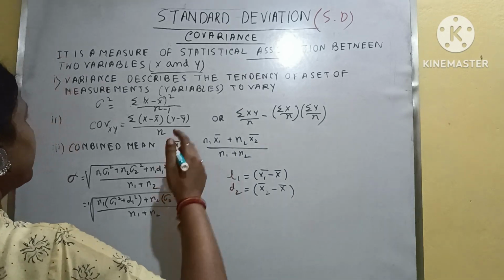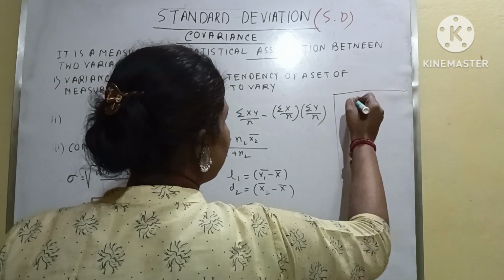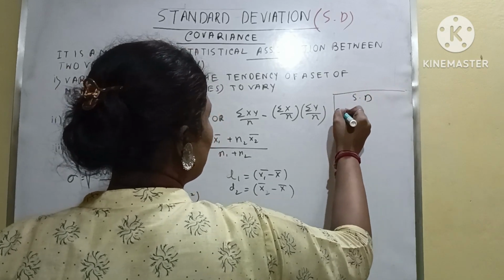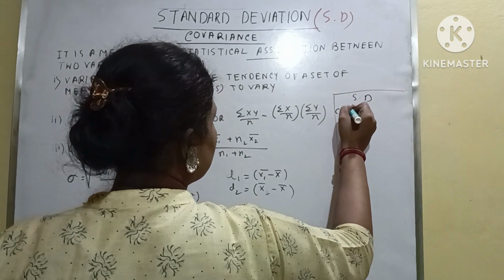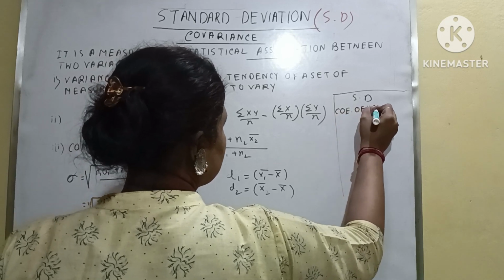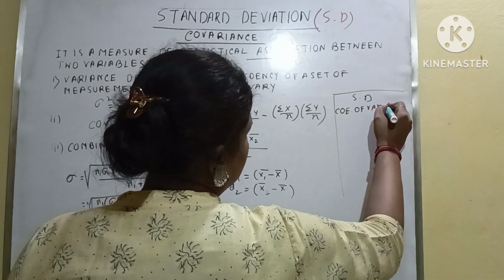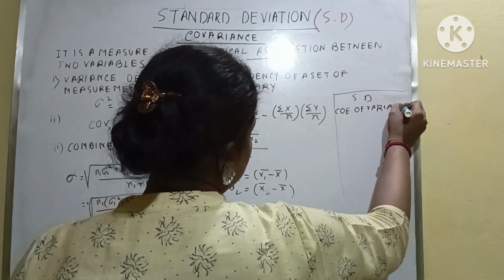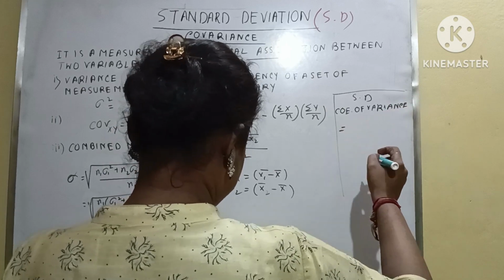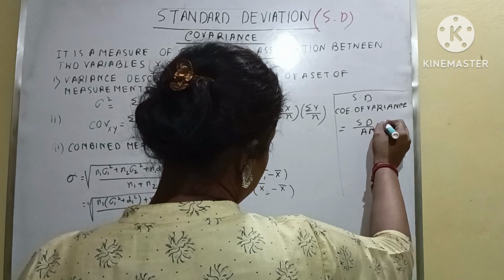One thing I have to say: the coefficient of variance. This is another thing. Obviously, when the SD is there, then the coefficient of variance in percentage equals SD by arithmetic mean into 100.